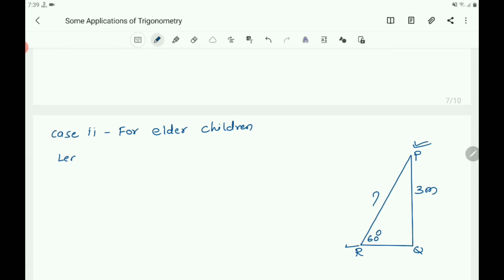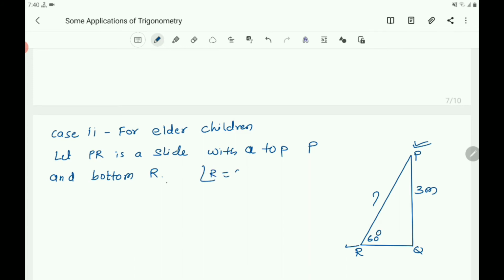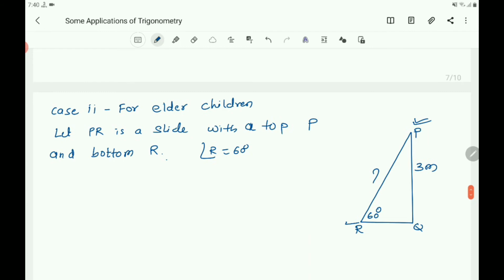Here the length of the slide: let PR be a slide with top P and bottom R, and angle R equals 60 degree.